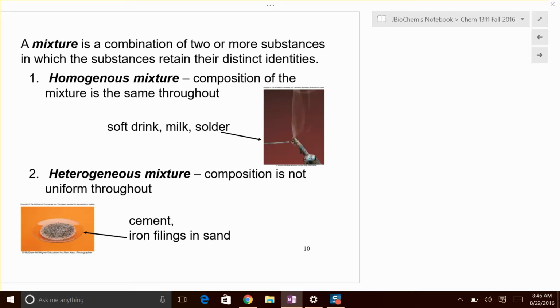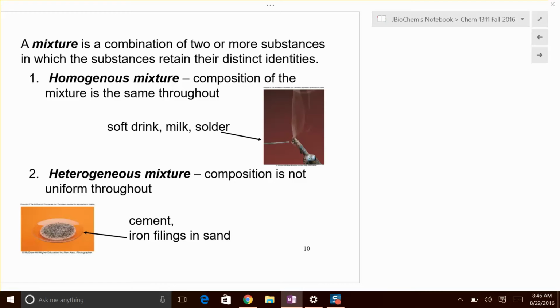So if I do the mixing, it's not going to be perfect. So if I sit here with this iron and this sand, and I mix it and I mix it and I mix it, can I guarantee that there's as many iron right here as there is in the middle? I'm never going to be perfect and guarantee that, right? I cannot mix it well enough by myself to guarantee that. So this will be heterogeneous.